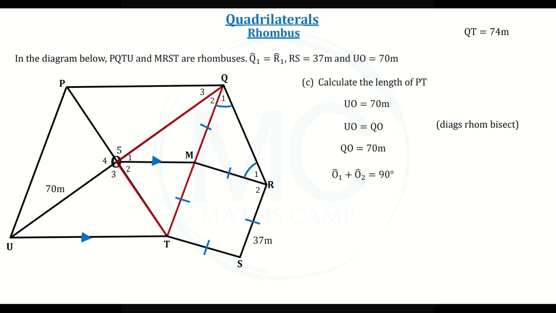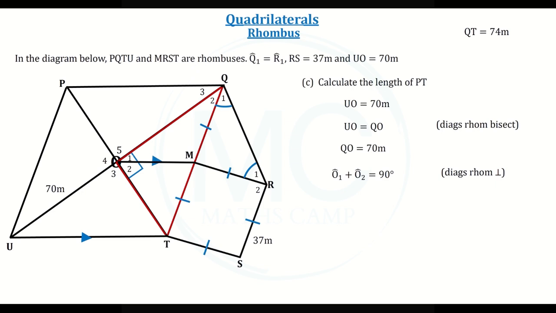And as our reason, we say because the diagonals of a rhombus are perpendicular. Let's put a 90-degree angle into our triangle at O. Now we have a right angle triangle, so we can use Pythagoras' theorem to find the length of OT.